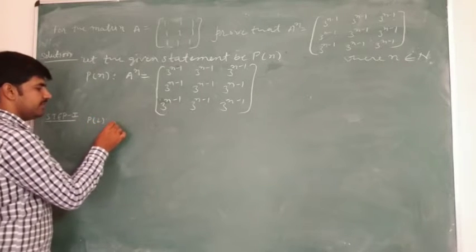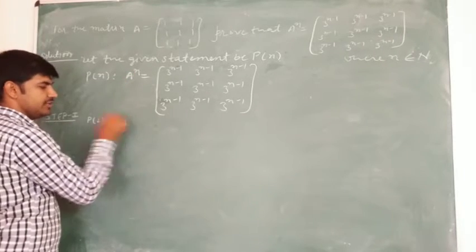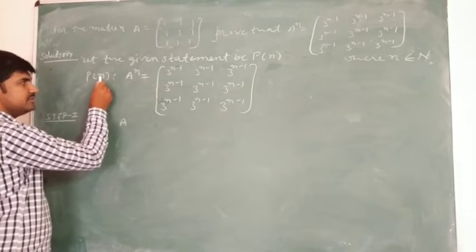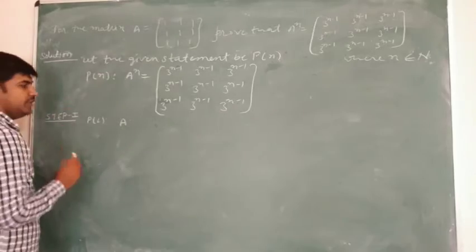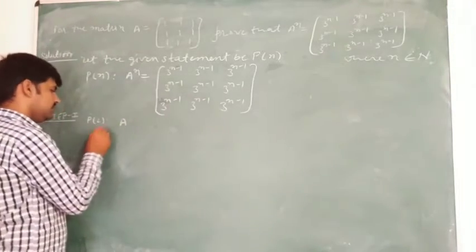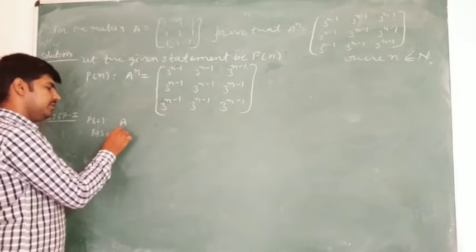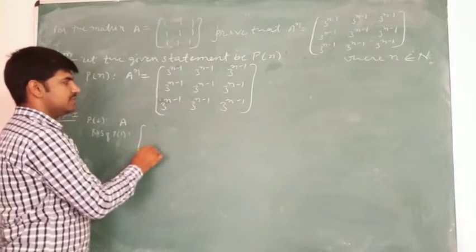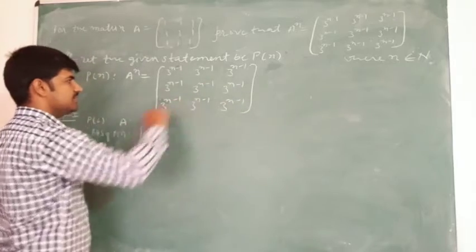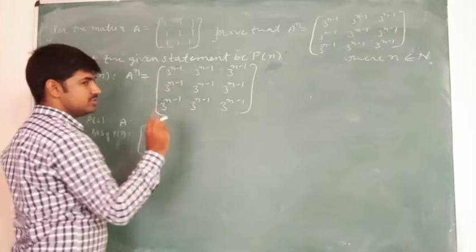What is the LHS of P1? LHS of P1 is A raised to the power 1, which is A only. Putting n equal to 1 in Pn, LHS of P1 is equal to A. And the RHS of P1: if you put n equal to 1 in this matrix, we get 3 raised to the power 1 minus 1, which is 3 raised to the power 0, equal to 1.